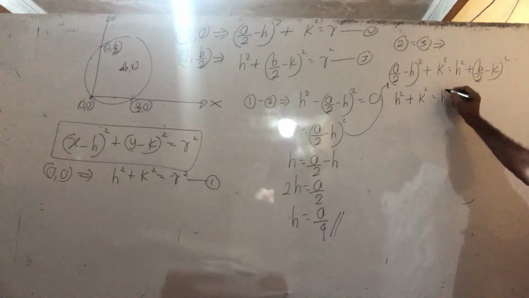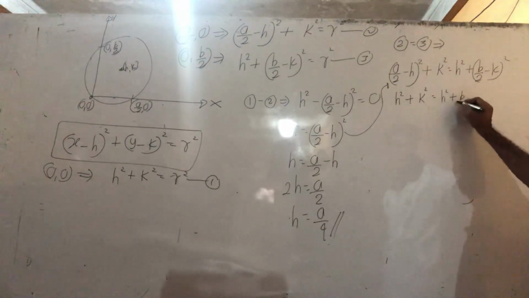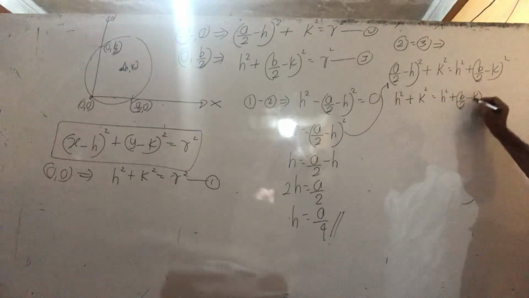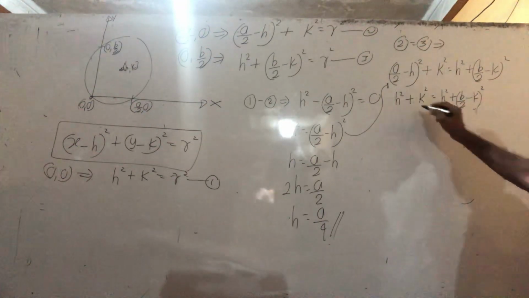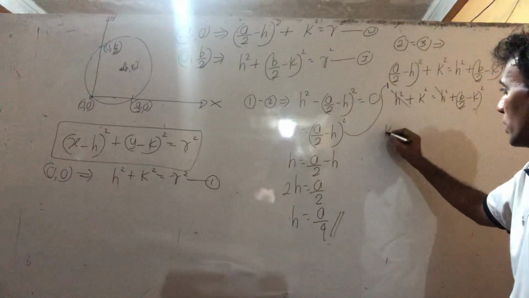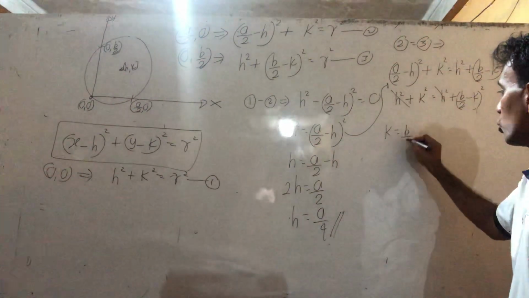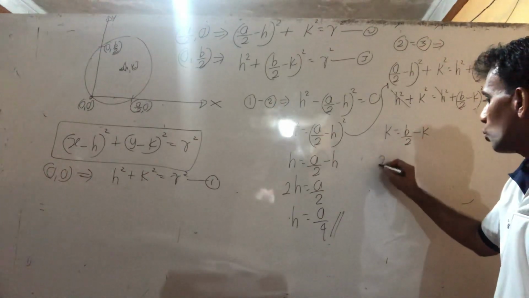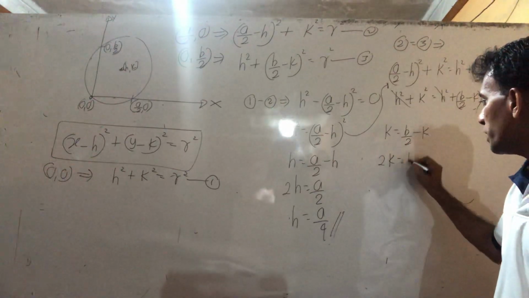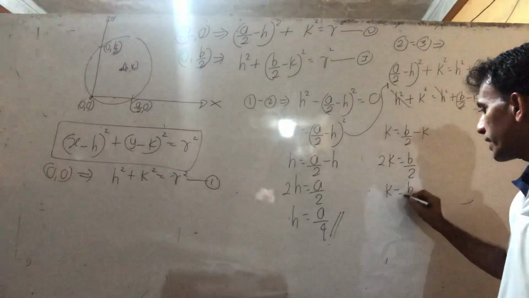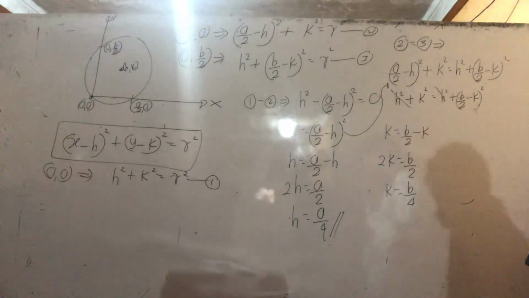Solving ideas. Nice work. If you misuse the method, the approach step by step becomes difficult. So h square cancels, take the square root, k equal b by 2 minus k. Okay, so 2k equal to b by 2. So k is also the same as h, k equals b by 4.